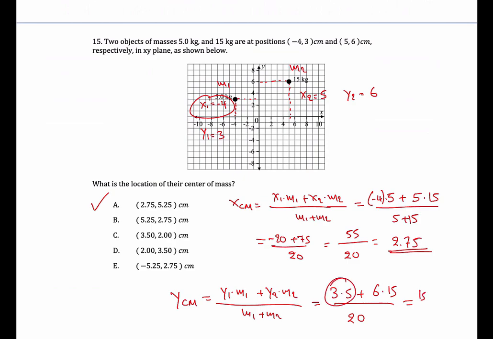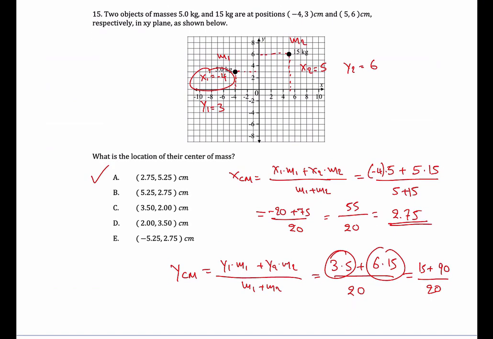So 15 plus 90 divided by 20, this is 105 divided by 20, and this is 5.25. And we can move on to the next question.